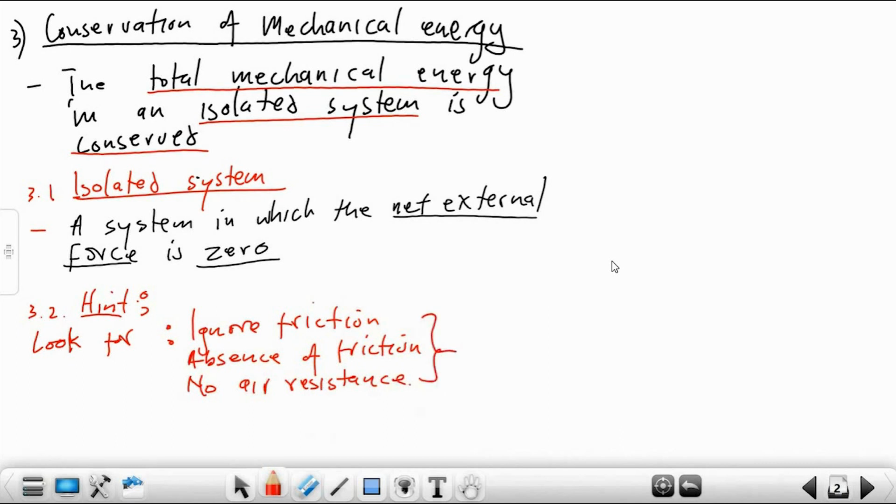These are keywords to look for before applying the principle.